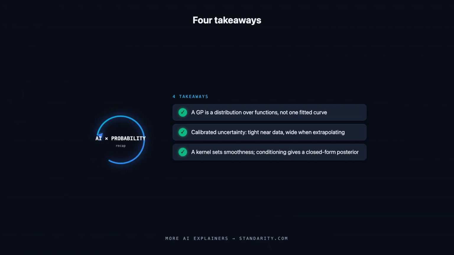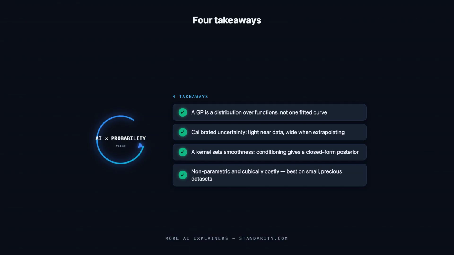A kernel encodes your smoothness assumptions, and because the math stays Gaussian, conditioning on data gives a clean, closed-form posterior with no training loop. Because it grows with the data, it is flexible but cubically expensive, which is why it shines on small, precious data sets.